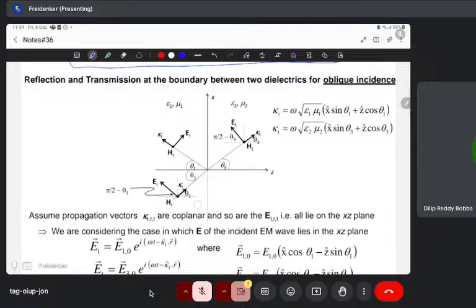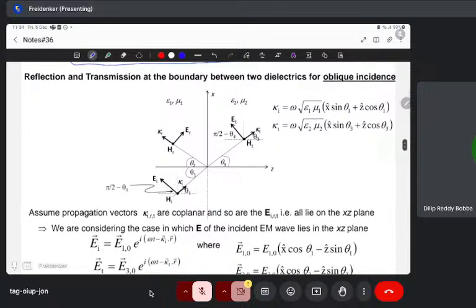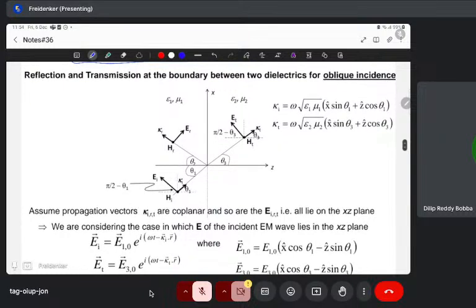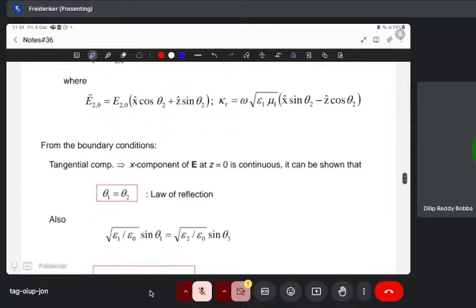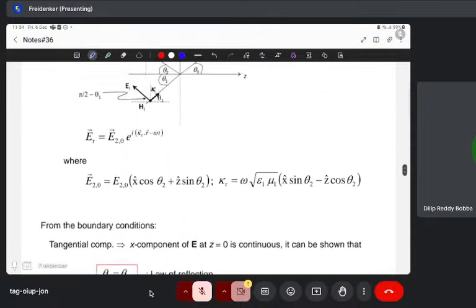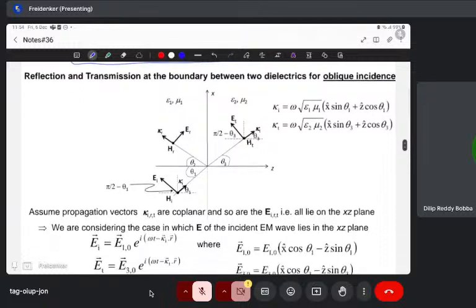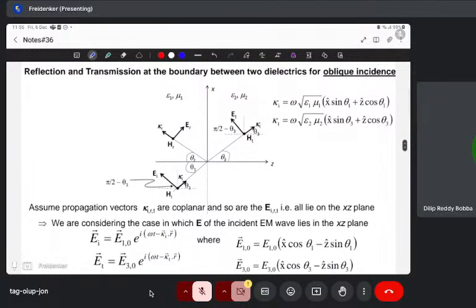I was thinking about this in that way, so let's see if that is exactly the case or not. Oh my goodness, they're using so many things. Reflection and transmission at the boundary between two dielectrics for oblique incidence. Assume propagation vectors are coplanar. Okay, fine. All of them are on the same plane.